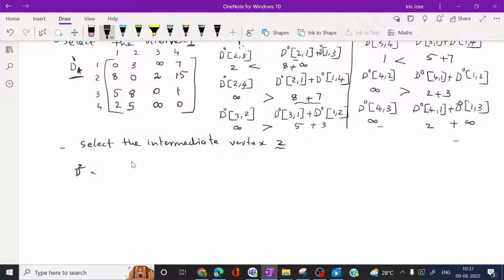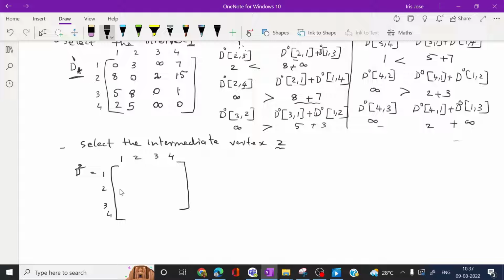Here again we will draw the matrix. We are doing this considering the intermediate vertex as 2, so we have to keep the second row and second column unchanged. These are the columns 1, 2, 3, 4. These are the rows 1, 2, 3, 4.